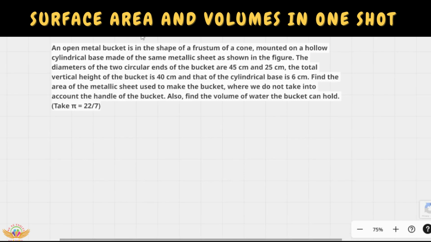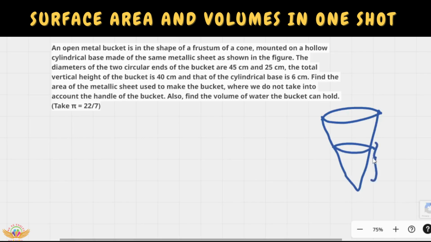Before going to this question, you need to know what a frustum of a cone is. For example, if this is my cone, when I cut it here, this part with the small base is called the frustum of a cone.